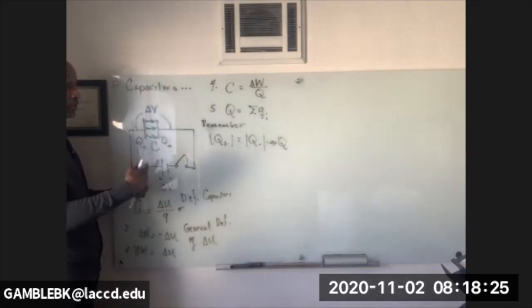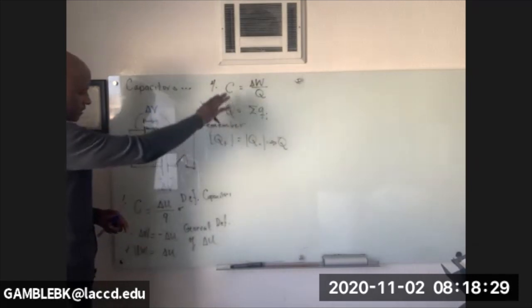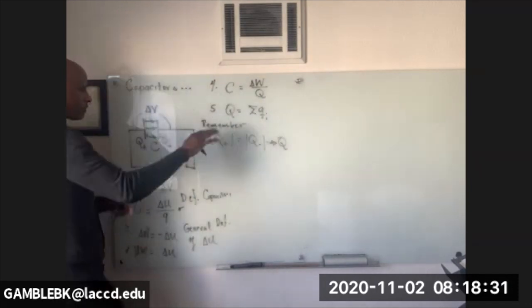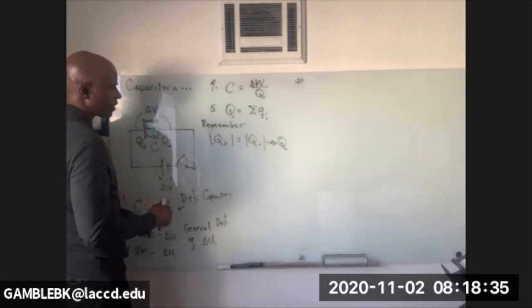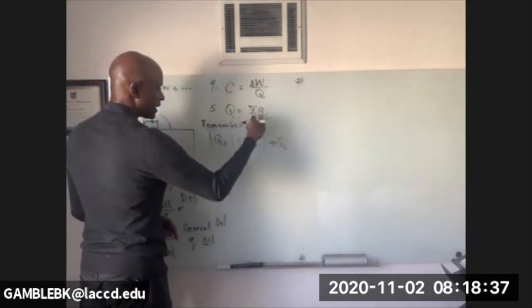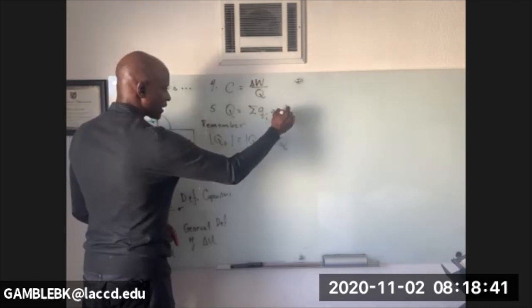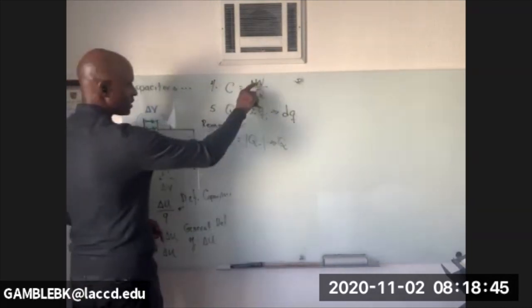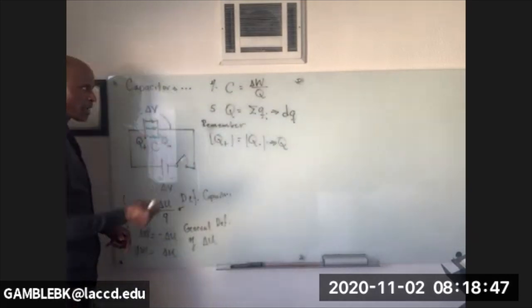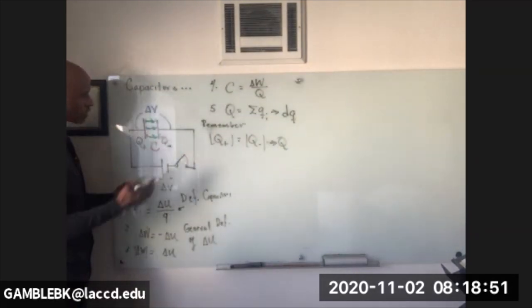You might not see something like this in the book, but it's my way of thinking about what's actually happening. Ultimately, I'm going to take this in the limit as the individual charge gets really small. I can think of it as a DQ associated with the DW. So there's a differential amount of work done by the smallest differential amount of charge that's placed on the capacitor plate.